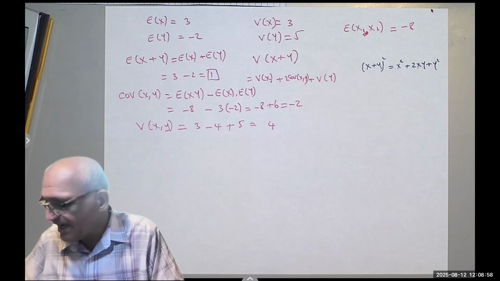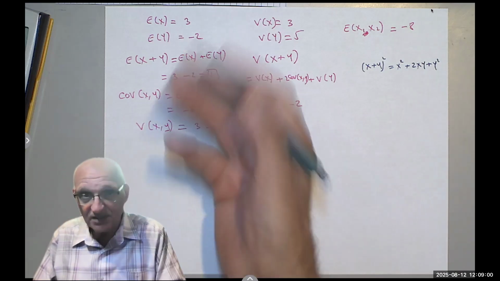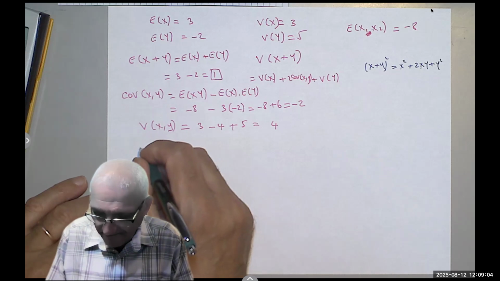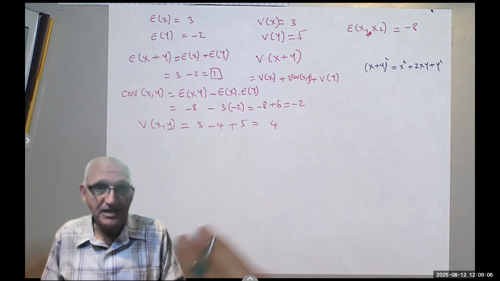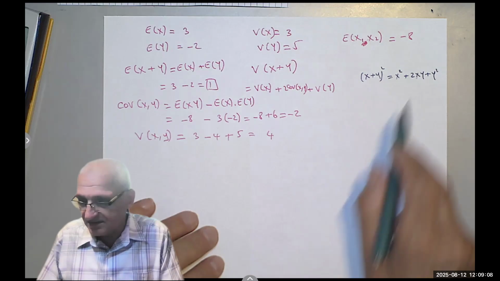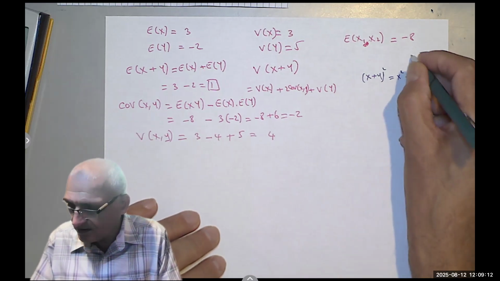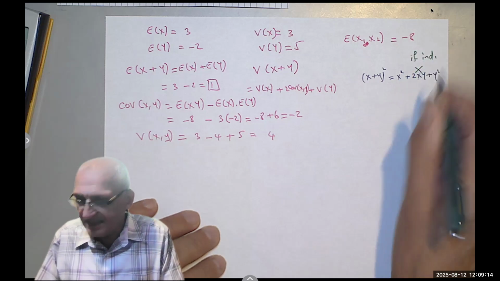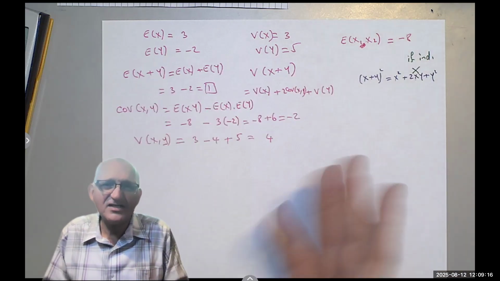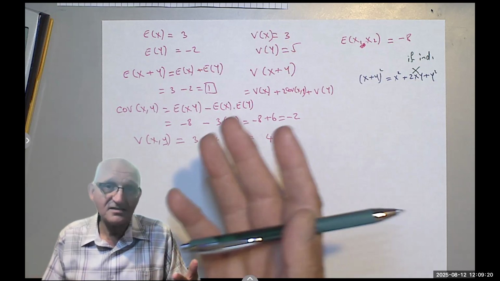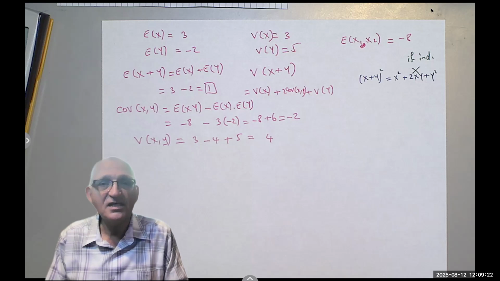Now, this is what I wanted to show you here. Suppose we have, if they are independent, by the way, then the covariance of x and y would be 0.